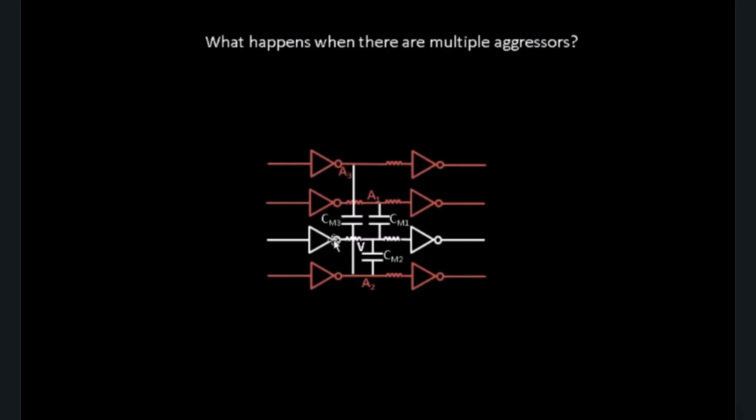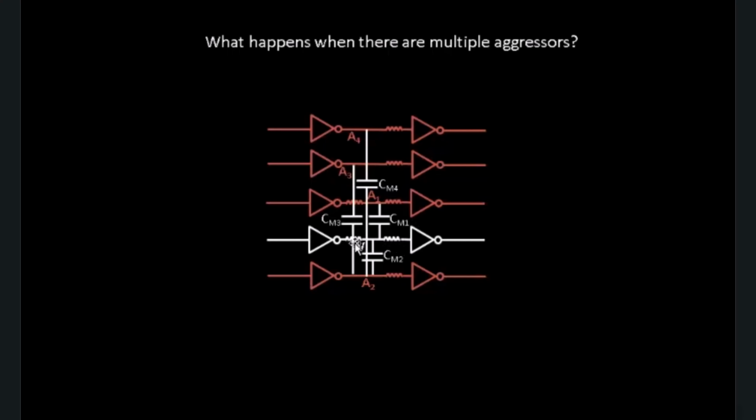This will have a minimal impact on the victim net V, but still some impact. The mutual capacitance between A3 and V will be CM3. Okay, and to make things even more complex, let's add one more aggressor. So we have 4 aggressors and a single victim net.